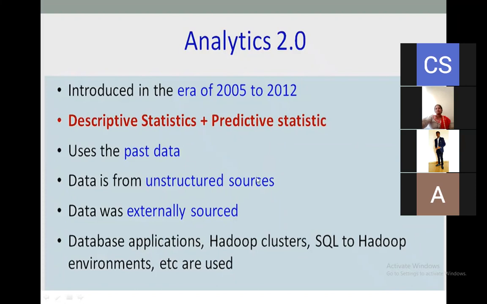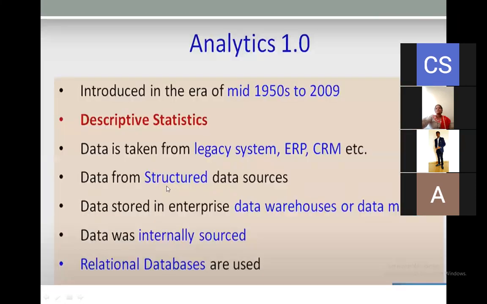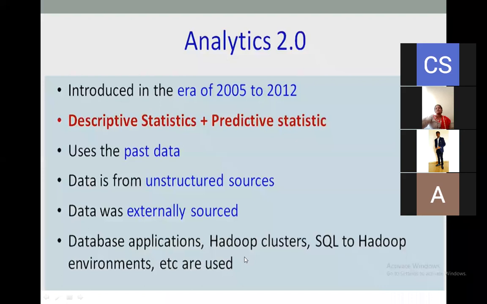See, in analytics 1.0 it is structured format, which is why we deal with relational databases. But in analytics 2.0, the data is from unstructured sources, and we collect it from internal and external sources.